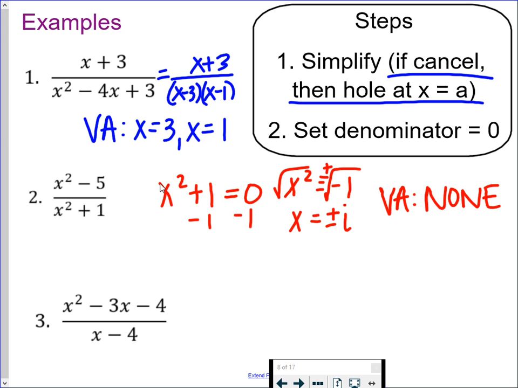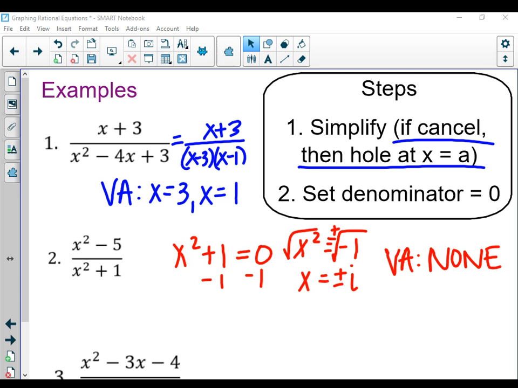So in this case, I would just put vertical asymptotes: there aren't any. If you have your calculator, let's plug this into y equals. I want you to see what these look like, especially since you're going to get to use your calculator a lot for this test. When you get to pre-cal, you'll do these more by hand.